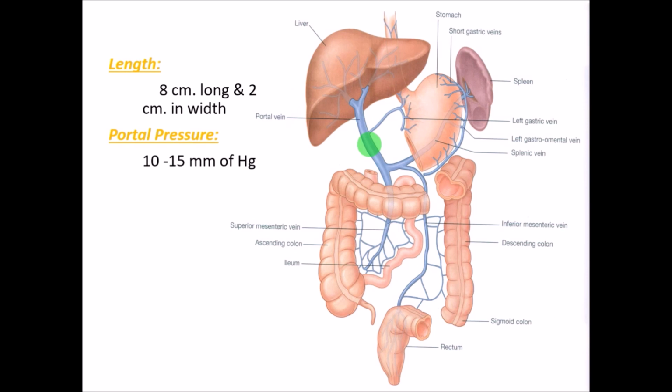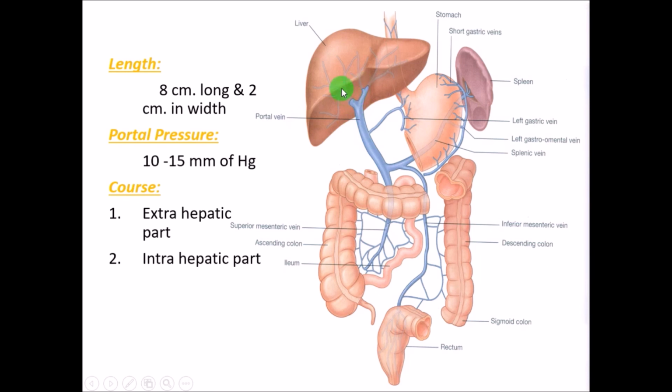This pressure is important because in some conditions the portal pressure might increase. We'll see those conditions. Coming to the course, it has an extrahepatic part as well as an intrahepatic part. All the part which we are seeing here will be extrahepatic, outside the liver.